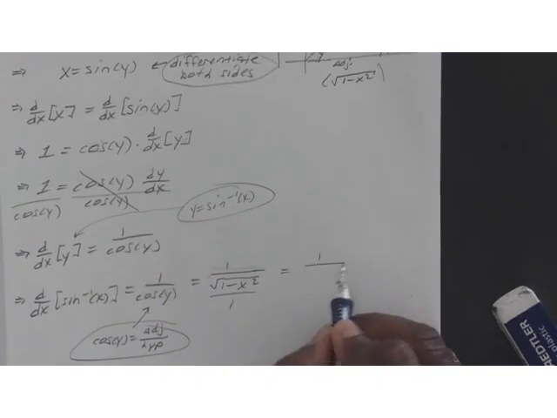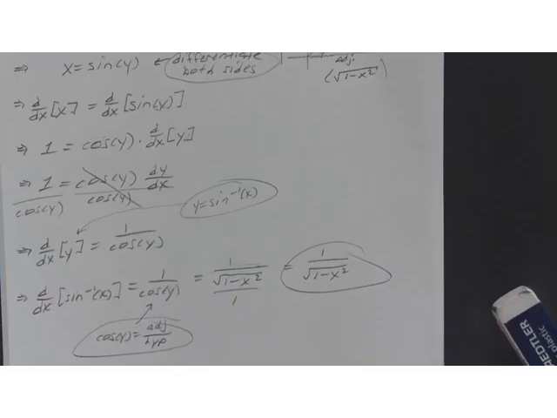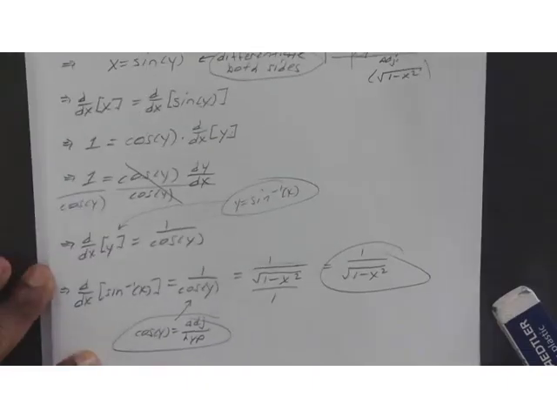Which is just 1 over the square root of 1 minus x squared. Okay. So again, you don't have to be able to follow this fully, but this process will be necessary in certain parts of Calc 2.